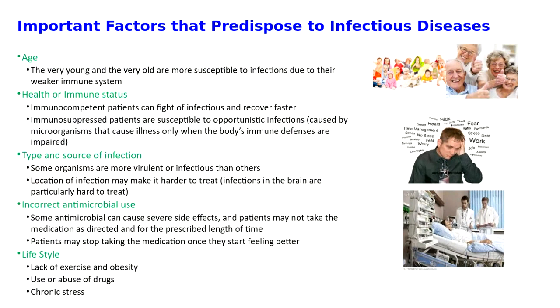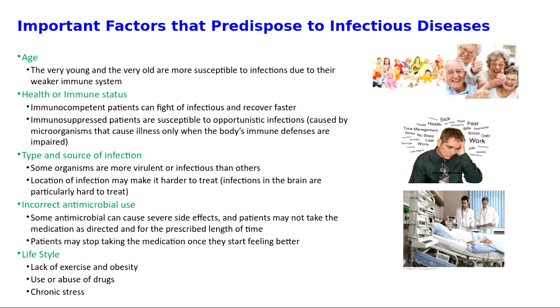We also have to consider the type and source of the infection. There are some organisms that are more pathogenic than others, and we don't need a big exposure to them. With just a slight exposure, we can become infected ourselves. We need to know that the organism has to go in through the right port of entry, if you want to call it like that.